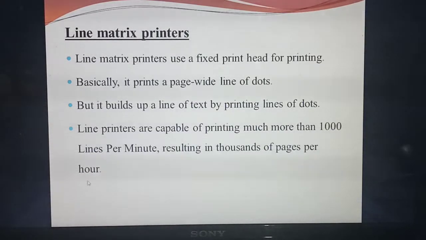So this line matrix printer contains a fixed number of print heads, and using those fixed print heads only you can print. This line matrix printer will make a wide number of dots. What's the printing speed? 1000 lines per minute, or in the sense of per hour, thousands of pages it can print.